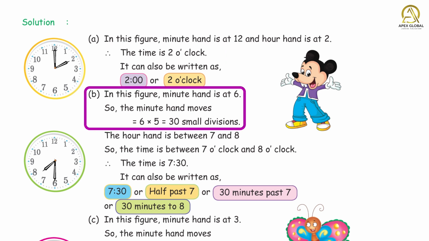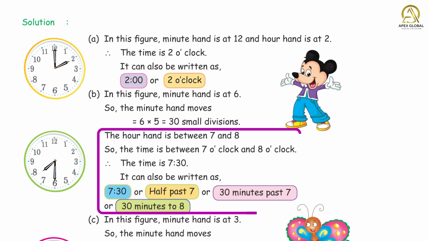B. In this figure, the minute hand is at 6. So, the minute hand moves 6 times 5 equals 30 small divisions. The hour hand is between 7 and 8. So, the time is between 7 o'clock and 8 o'clock. The time is 7:30. It can also be written as 30 minutes past 7 or 30 minutes to 8.